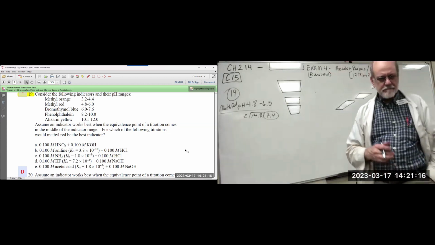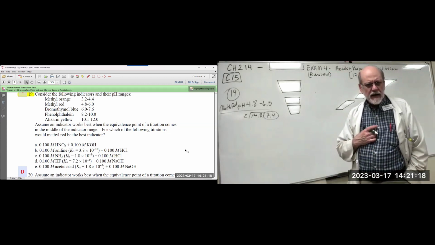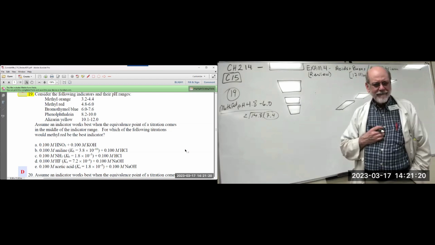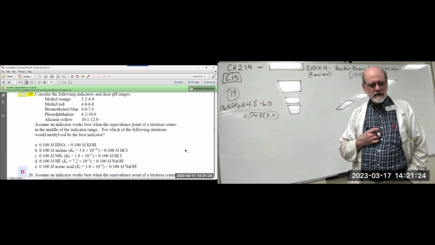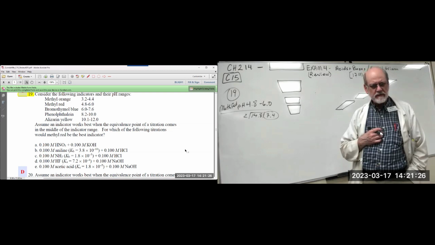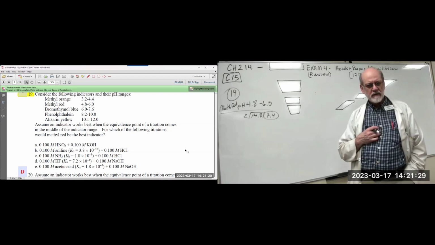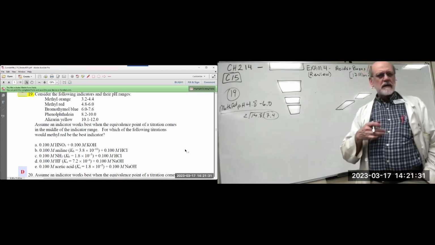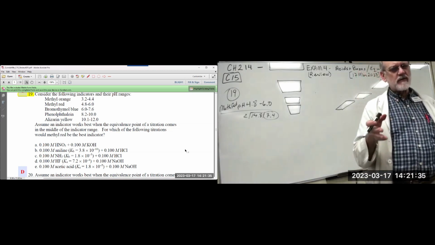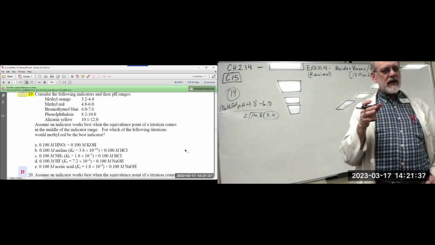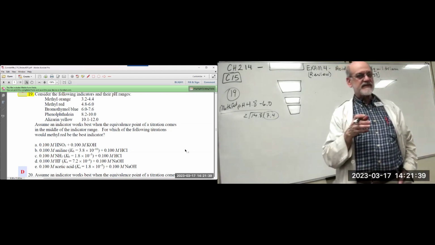Well, let's see. The equivalence point of the titration comes in the middle of the indicator range. For which of the following titrations? Nitric acid and potassium hydroxide should have an equivalence point at exactly 7.